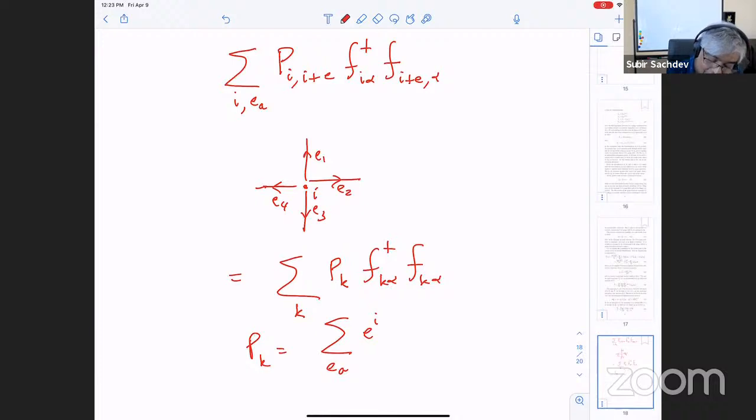Okay, so we're going to now assume that these P's are all uniform, the same on every site, and that uniform value is just P, and e to the i K dot E alpha, for uniform.